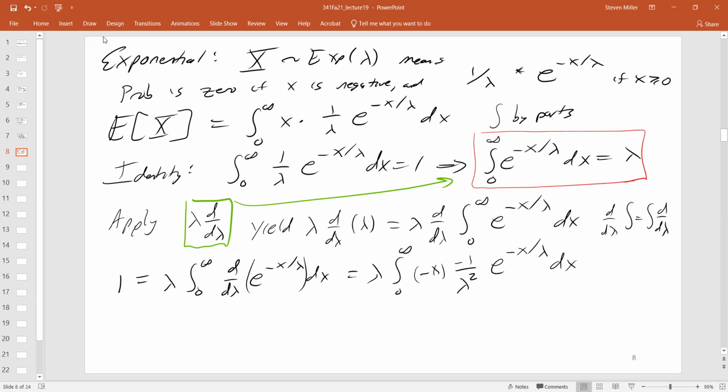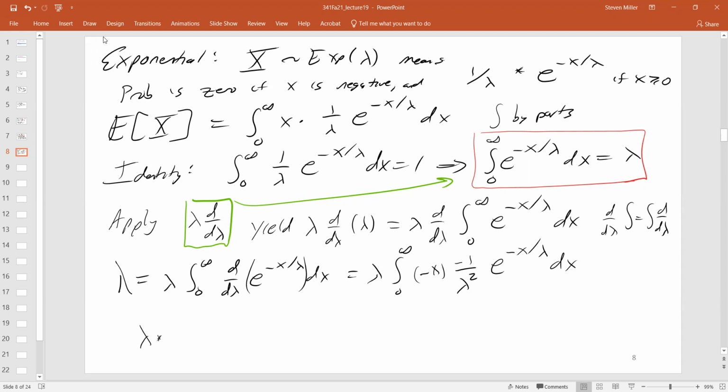Well, my density is 1 over lambda e to the negative x over lambda. I have an extra lambda over here, so I want to bring that lambda over to the other side. Wait, this should have been the lambda, because we were applying lambda d by d lambda to lambda. So we then get lambda.